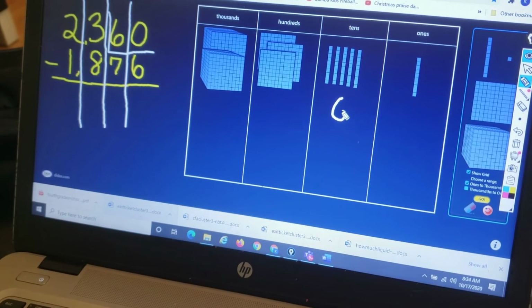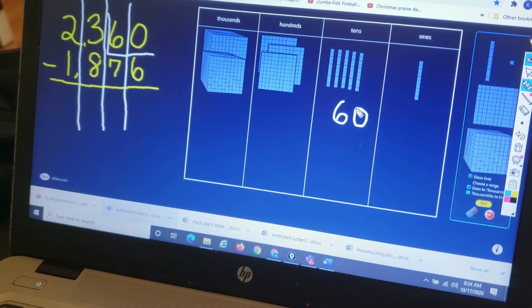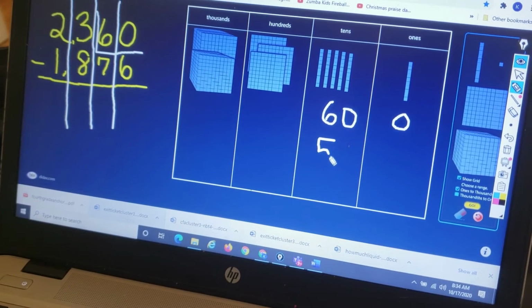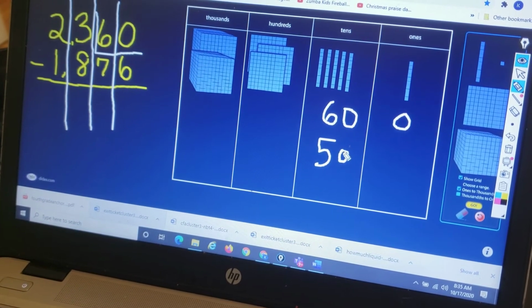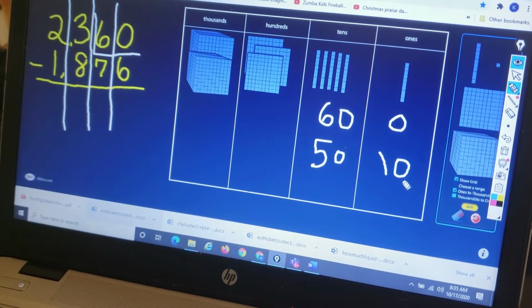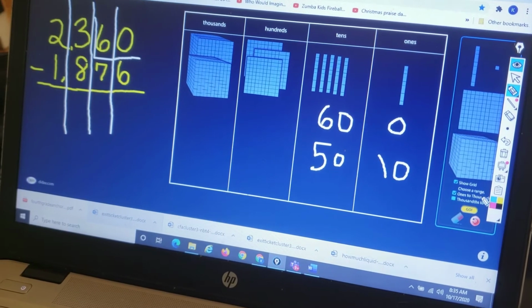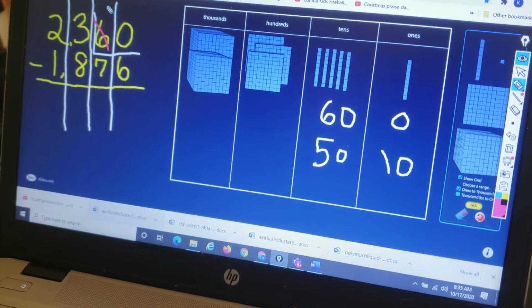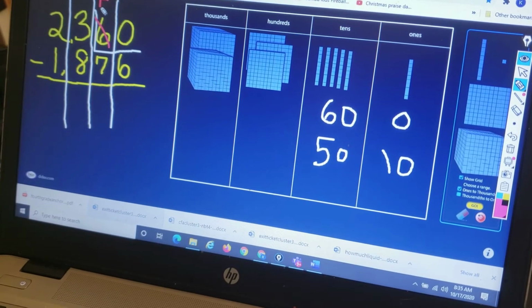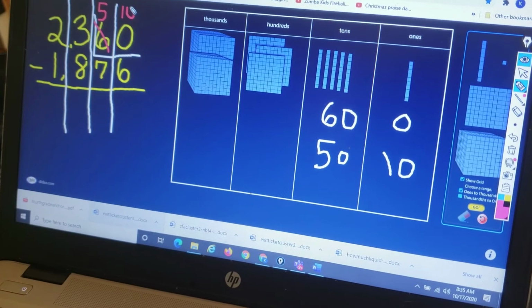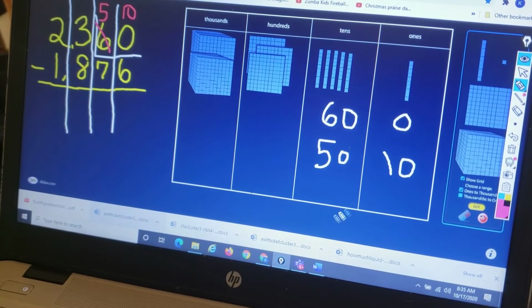We had 60, no ones, but now we have 50 tens and 10 ones. Do you see how that's really the same? It's still 60. It's just broken up a little differently.